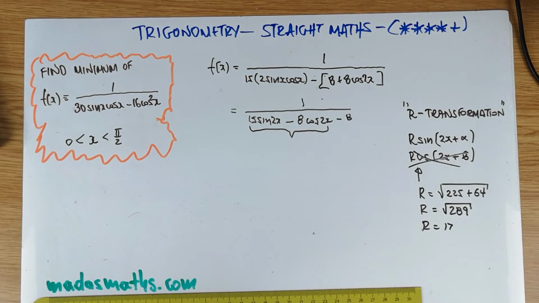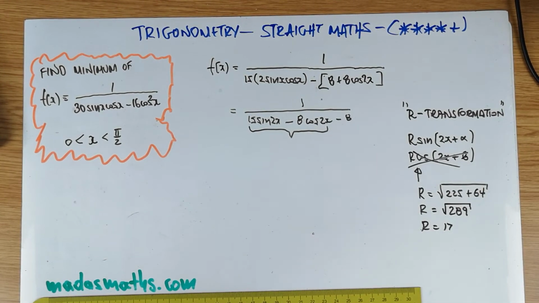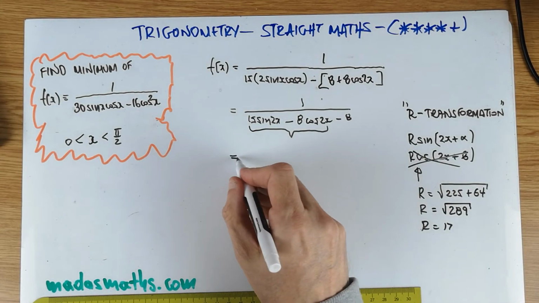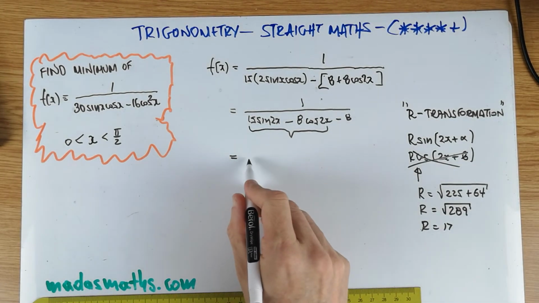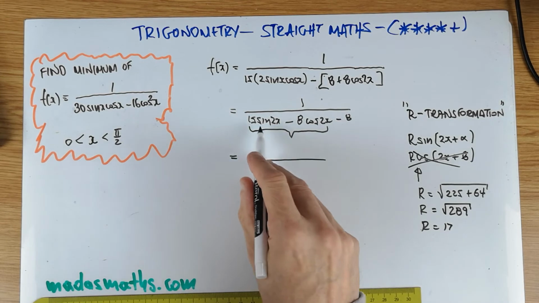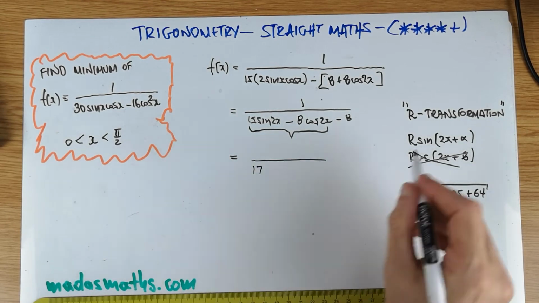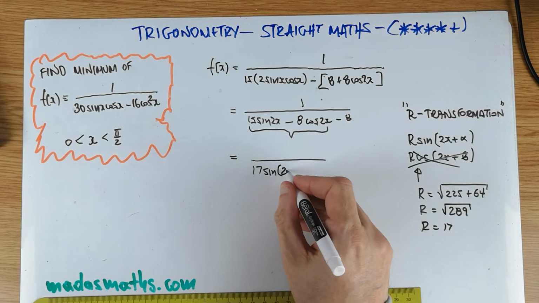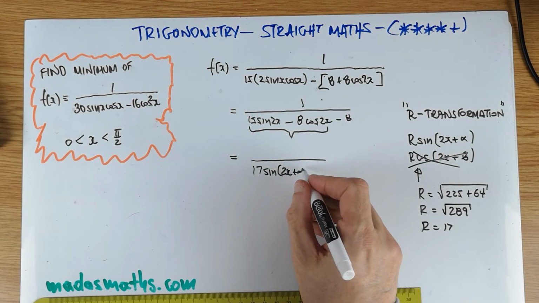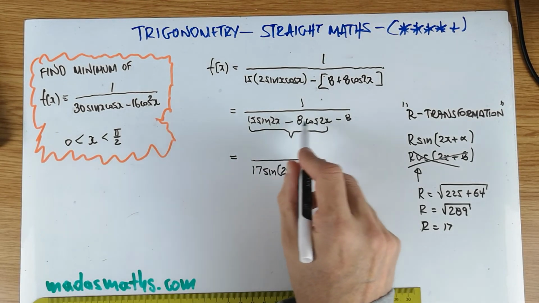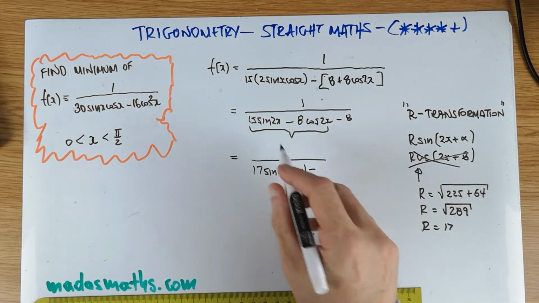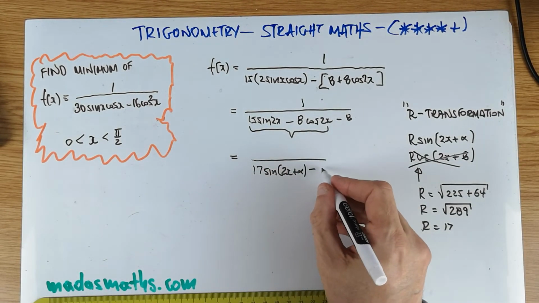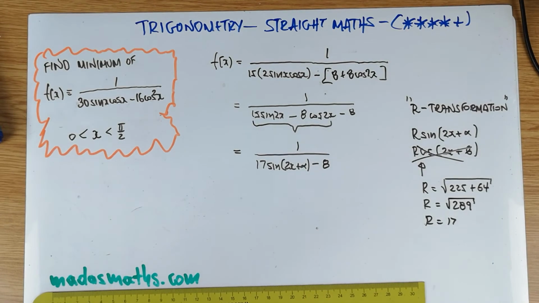The phase angle, we don't really care about, or this quantity here. So what I'm going to do, I'm going to write this as 17 sine of 2x plus alpha. This is by r transforming this quantity here, minus the 8 with a 1 at the front.